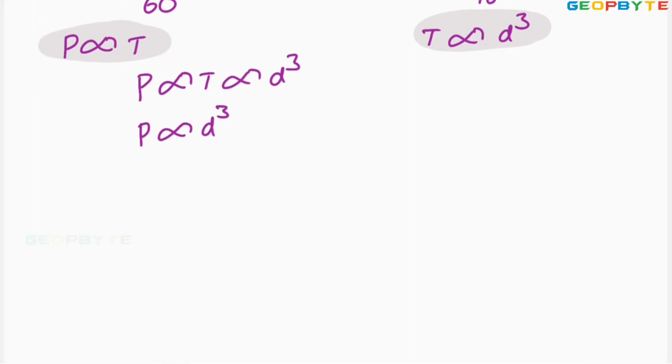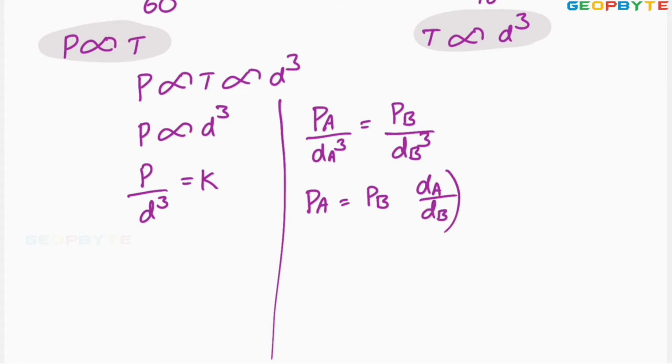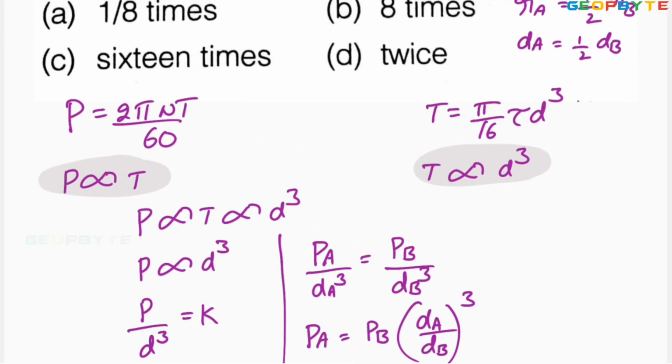Power is proportional to d cube means power by d cube remains constant. That means PA by dA cube equal to PB by dB cube. Then power of A equal to PB into dA by dB whole cube. Power of the shaft B into, what is the dA by dB?